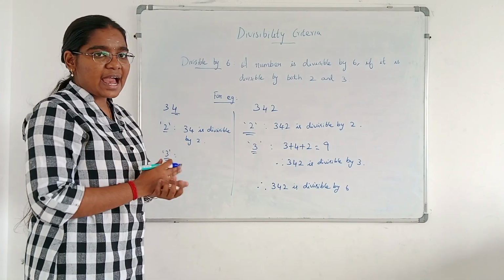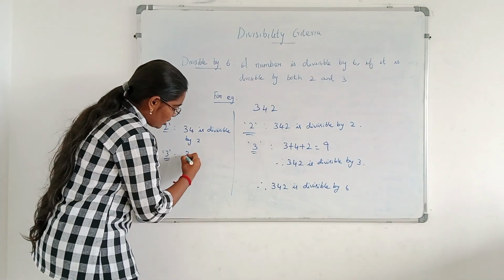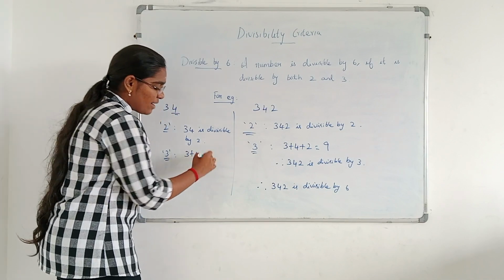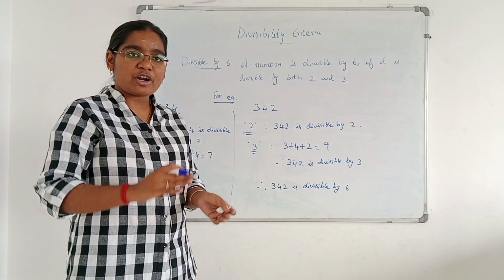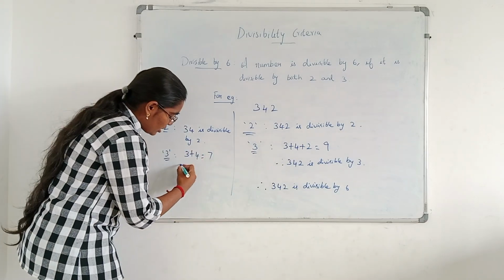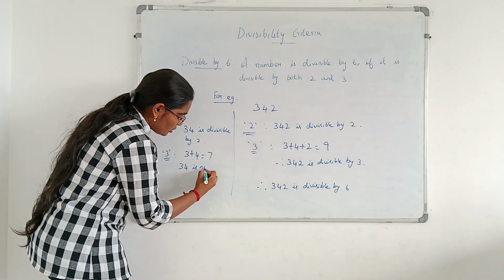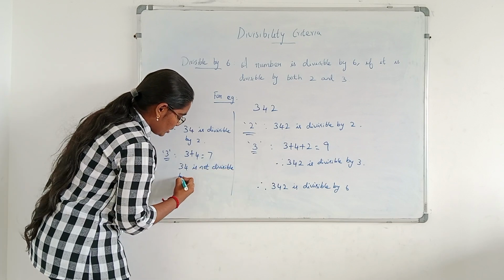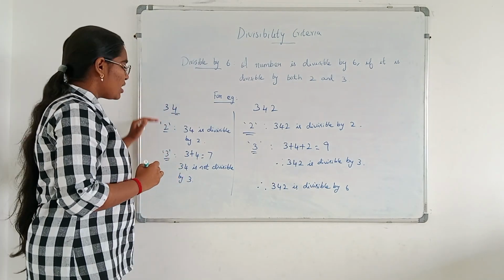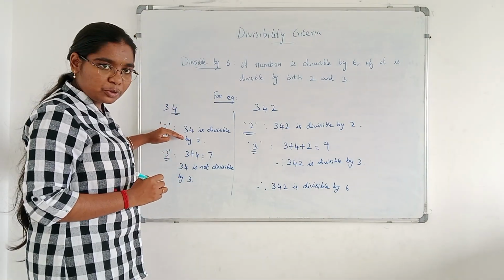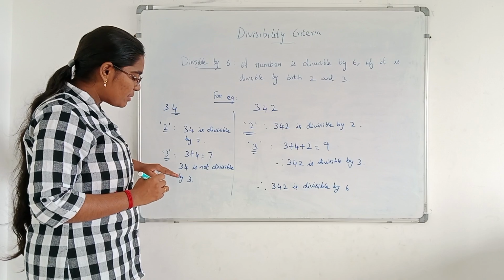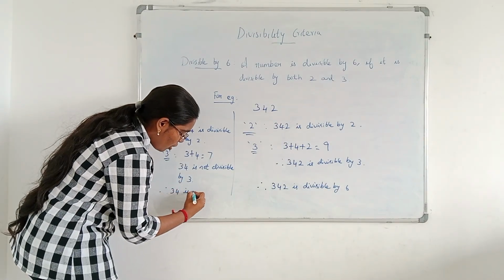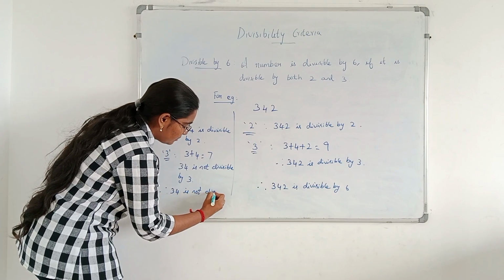For checking it, add each and every digit. 3 plus 4, what will you get? 7. 7 is not a multiple of 3. Therefore, 34 is not divisible by 3. So 34 is divisible by 2, but it is not divisible by 3. So 34 is not divisible by 6.